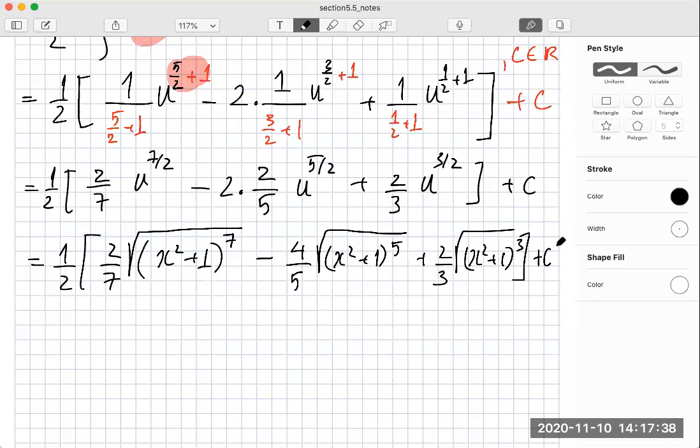Is it clear? We can stop here, or sometimes we can simplify it to get rid of the number 1/2 here, to make our computation look nicer.